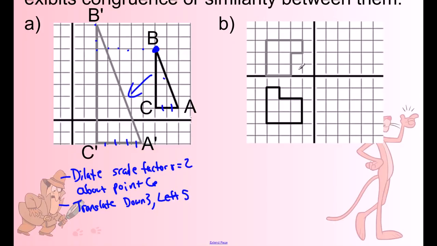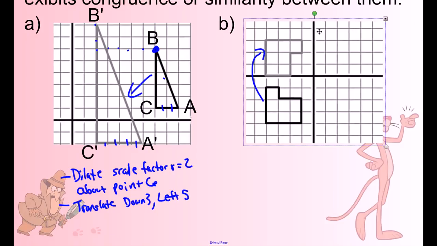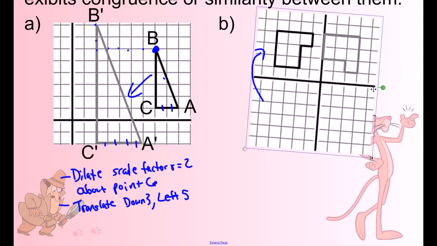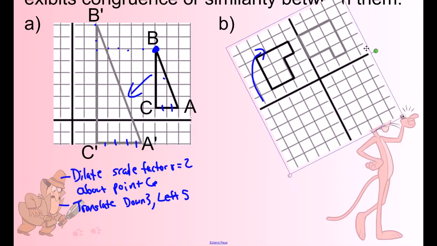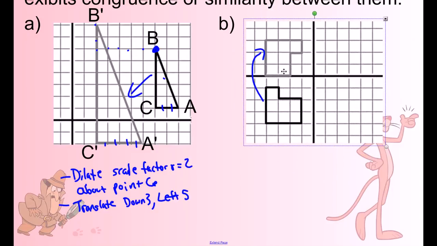Letter B. Alright, so the first thing that I see is this to me looks like a rotation. If I would take this image, and I'm looking at this bottom shape here, and if I rotate it this way, it looks like that. That's pretty darn close to what this new image looks like.